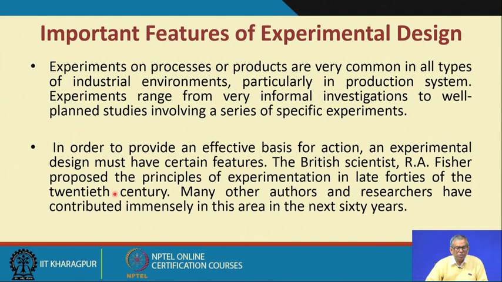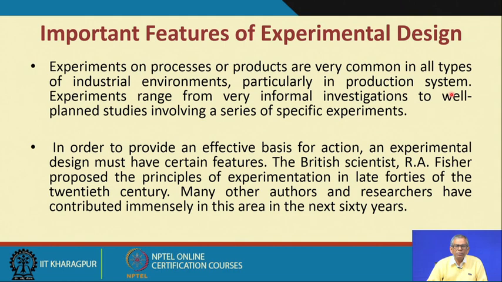Now, experiments on processes or products are very common in all types of industrial environments, particularly in production systems. When you start collecting data for experimentation, whatever data is generated in a production system is generated under various conditions.